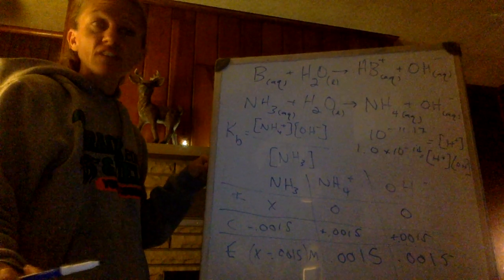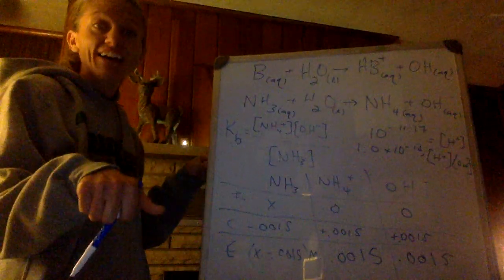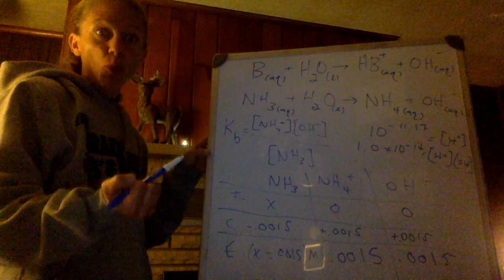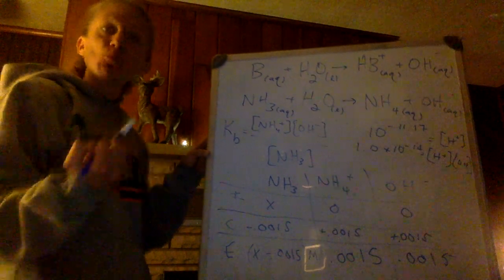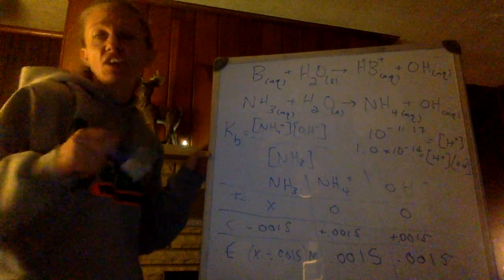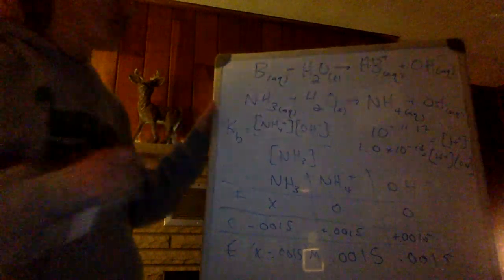We're going to do another example in the practice problems next class where I do this a different way, where we go to the Kb equation more like we did for the acids, so you'll see an example of that also. But this is a little different.